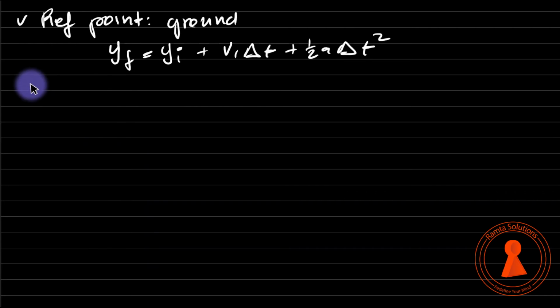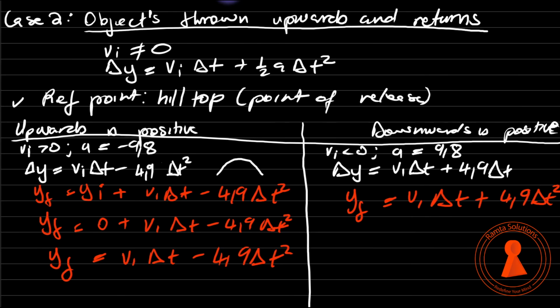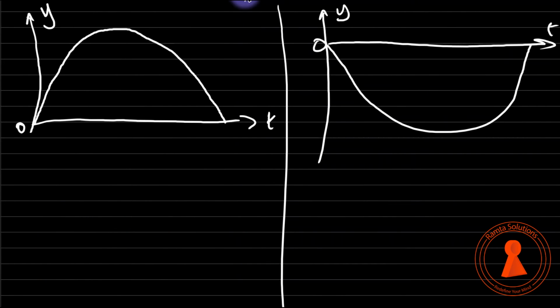We will then say, I remember we said, did we have initial velocity 0? Okay, I think I made a mistake. Case 2: object is thrown upwards. Okay, guys, I made a mistake here.